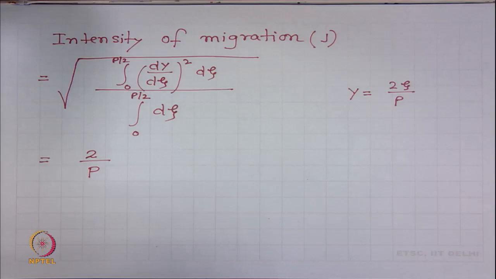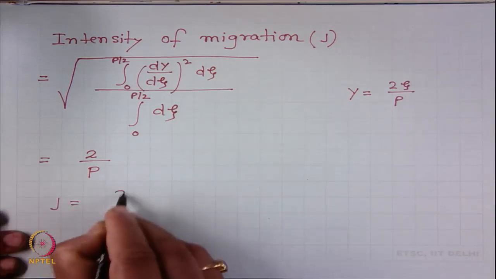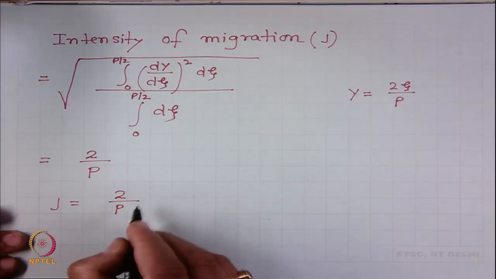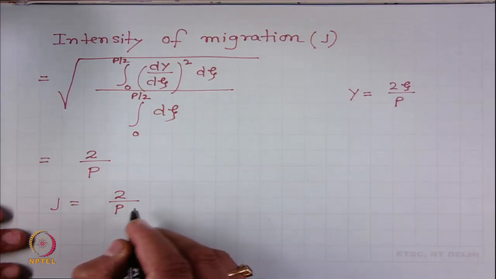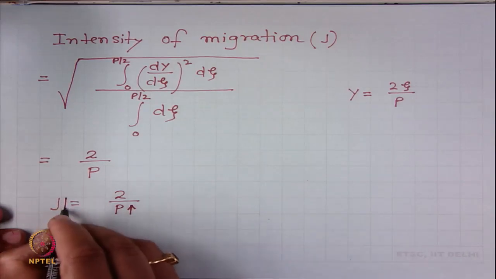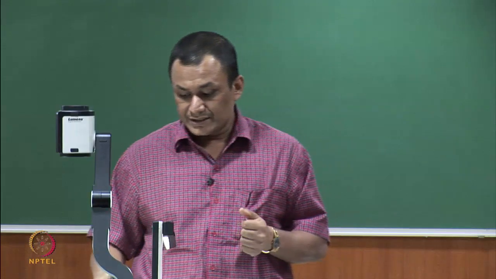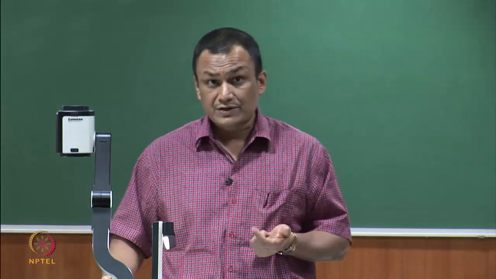You can try this. What we see is that if period of migration is high, intensity is less, slow migration. When p is very high, migration is happening at a very slow rate; intensity also indicates the rate of migration.